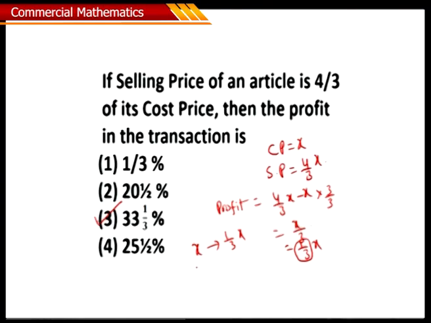How do we calculate here? For X the profit is 1/3 of X. Percentage means per 100, so how much will it be? 1/3 of X into 100 upon X. So you can see it is 100/3. 100/3 means 33 1/3%. This is the way in which we can calculate.